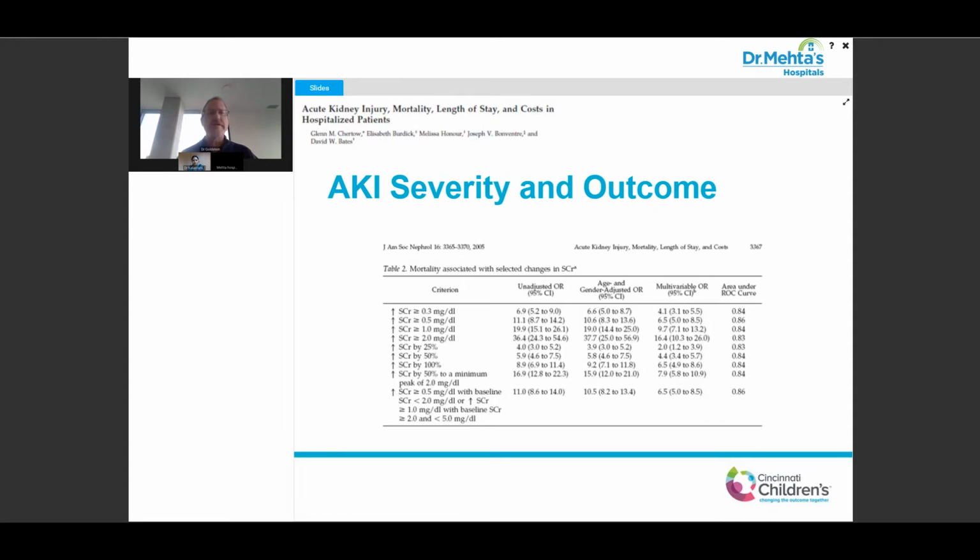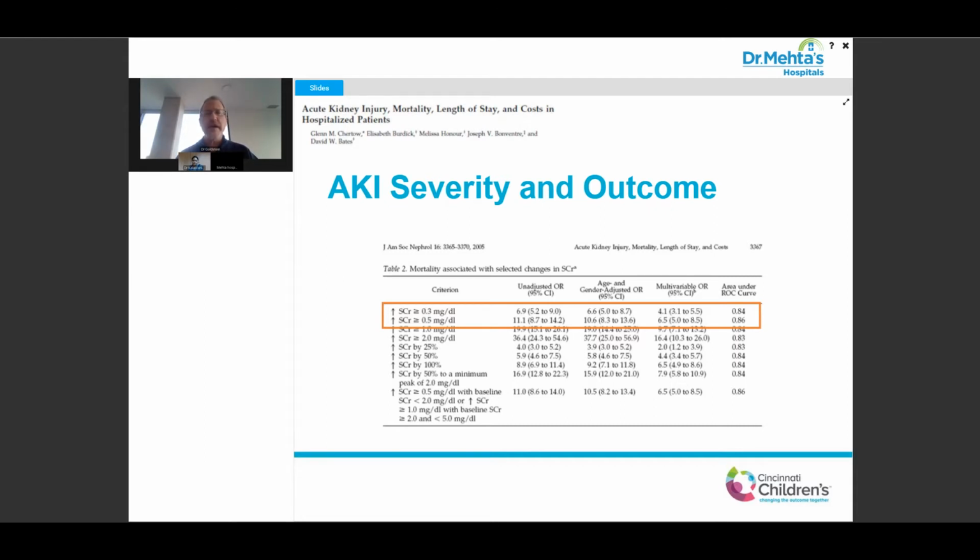What Dr. Chertow and his team asked, in 20,000 adults who were hospitalized at Brigham and Women's Hospital, was what rise in creatinine is independently associated with mortality? What they found was that a 0.3 milligram per deciliter rise in creatinine had an area under the curve of 0.84, meaning that it was 84% predictive of mortality.